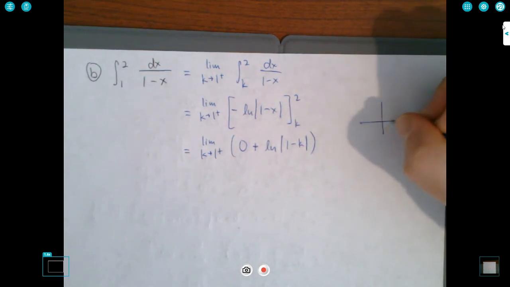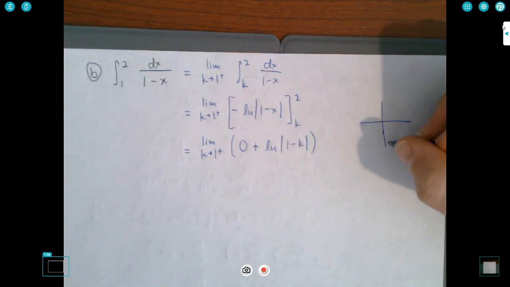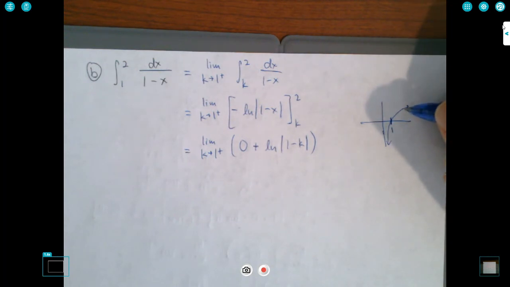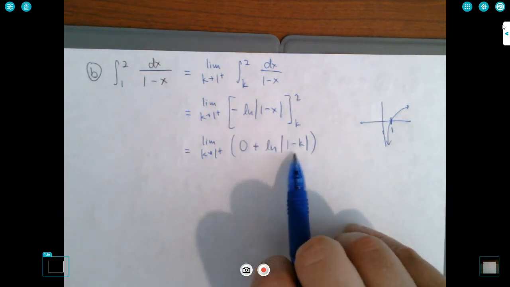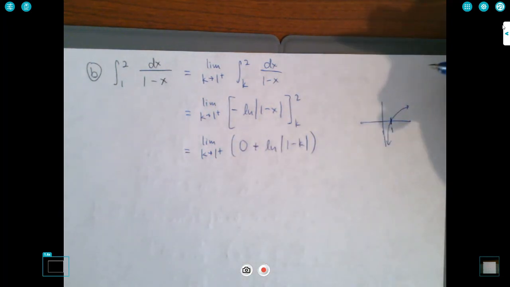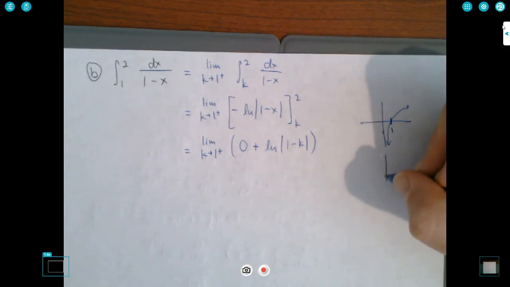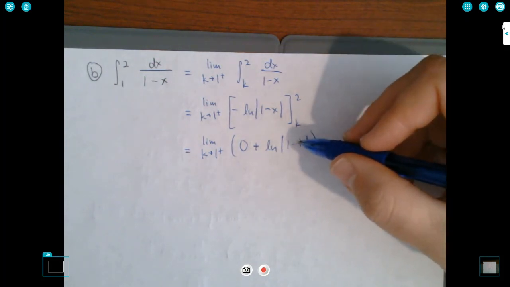But ln looks like this, right? And it crosses the x-axis at 1. I'm confusing myself. Hold on. We're approaching 1 from the right. So ln of 1 minus k. Oh goodness, that would be negative k plus 1.